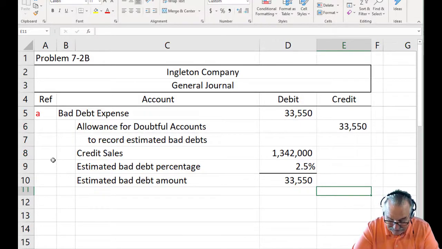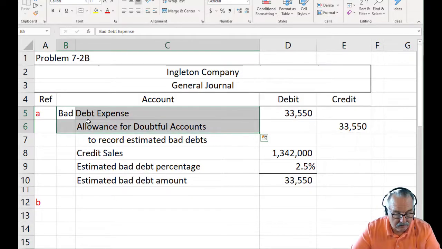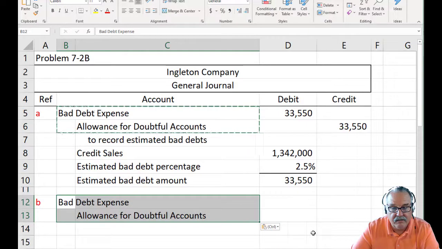We can do the same thing, but in this case, it's based on total sales. This will be transaction B. We're going to have the same exact debit and credit, so I'm just going to copy and paste those down below.